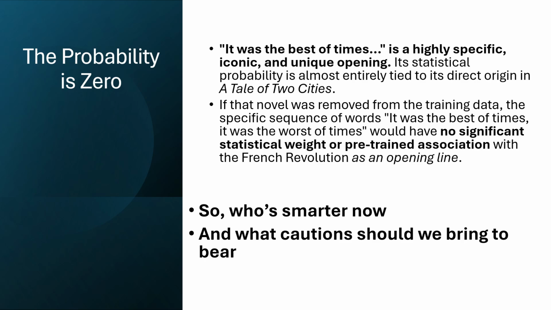If that novel was removed from the training data, there's no significant statistical weight or pre-trained association with the French Revolution and that opening line. So who's smarter now? And what caution should we bring to bear? Because we've just seen the LLM is not infallible.